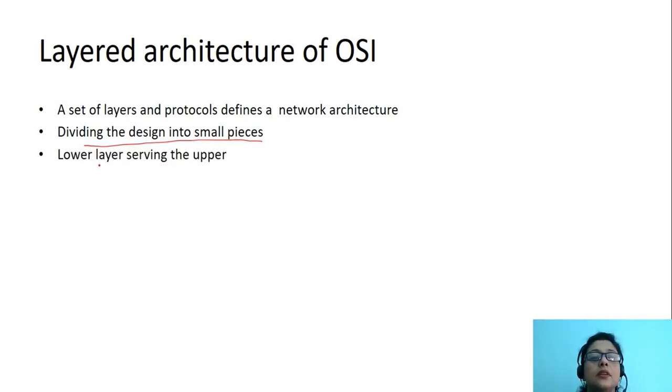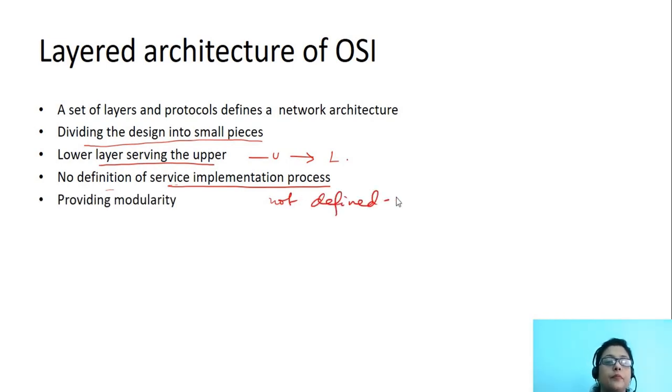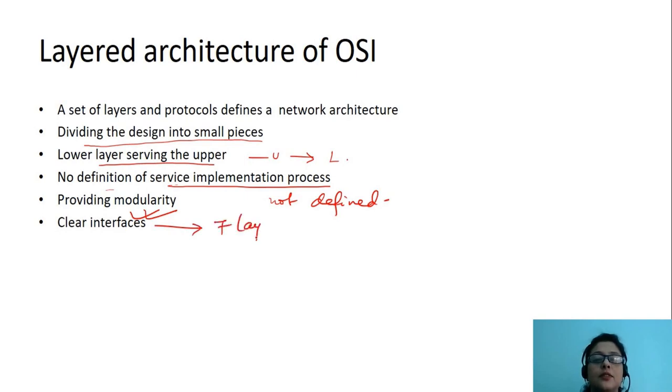The lower layer serves the upper layer, and the upper layer in turn is served by the lower layer. But for serving the upper layer, there is no definition of service implementation process. How the service is getting implemented is not defined. This provides modularity, and it has clear interfaces of all the 7 layers.